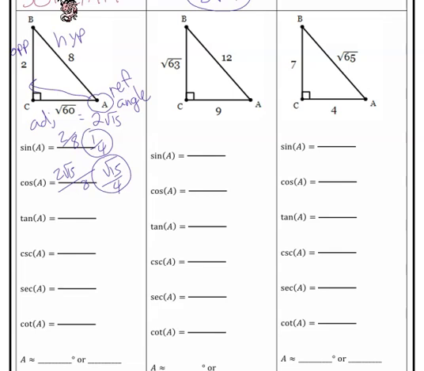Tangent is opposite over adjacent, 2 over 2 square root 15. This needs to be rationalized. Multiply square root 15 over square root 15. And then you get the square root of 15 over 15.